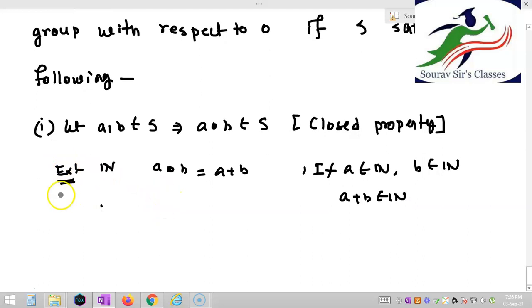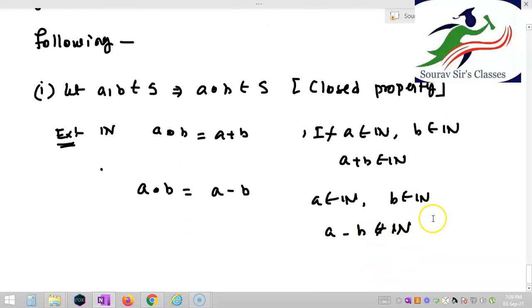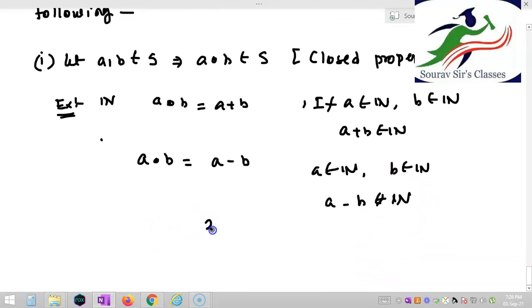Now, if we are defining an operation as A compose B as A minus B. Okay. Now, if A belongs to natural numbers, B belongs to natural numbers, then A minus B may not belong to natural numbers. Let me give you an example. That is 2, 3. These are two natural numbers, but 2 minus 3 is equal to minus 1, which is not a natural number.